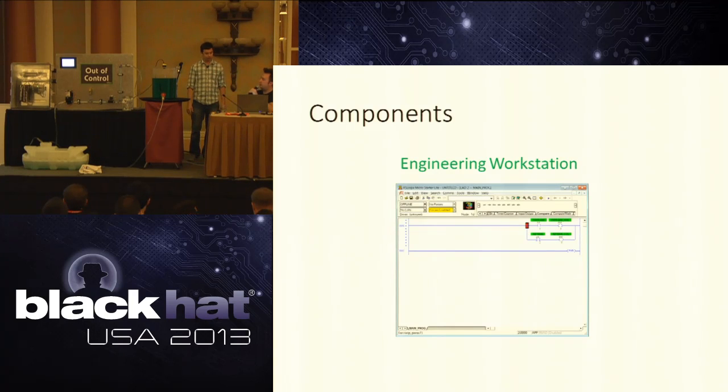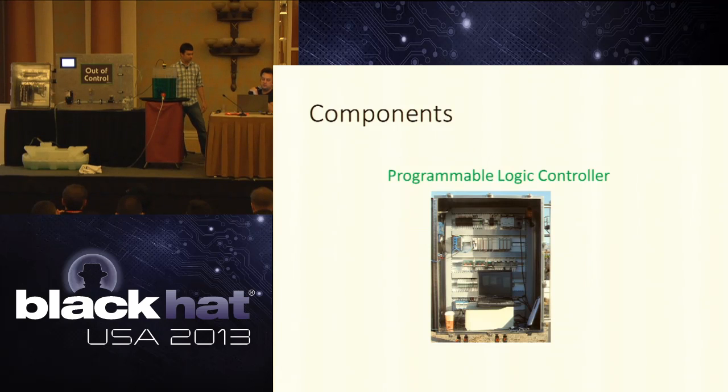An engineering workstation allows an engineer to modify the logic on a controller and really build the process. So this machine is really the key to uploading or changing logic for the process.